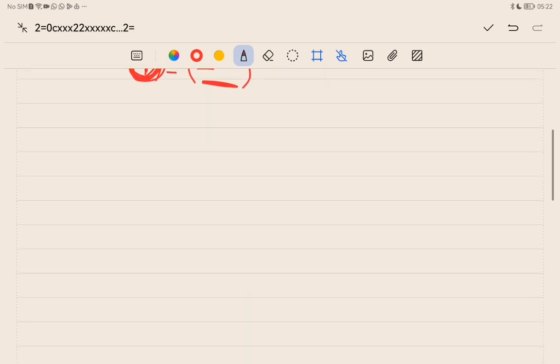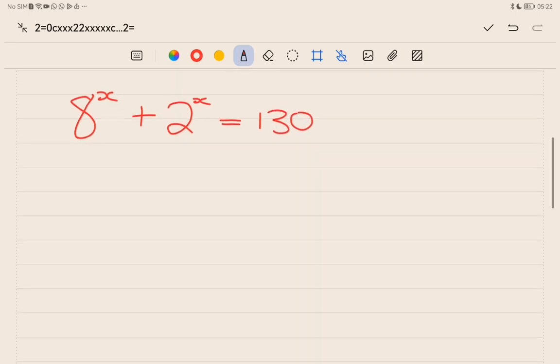The second one is 8 to the exponent x plus 2 to the exponent x is equal to 130. Even this one has become famous. The first thing that we will do here, as we always do from the simplification videos, is focus on these bases first.